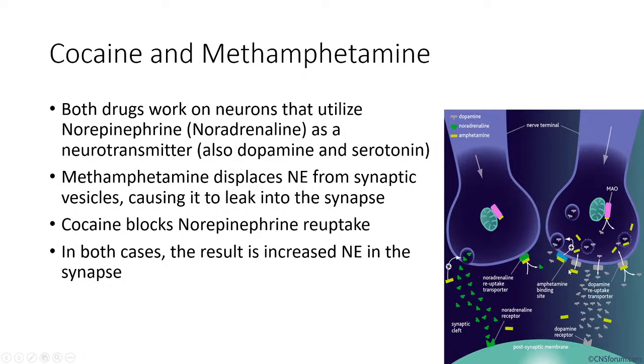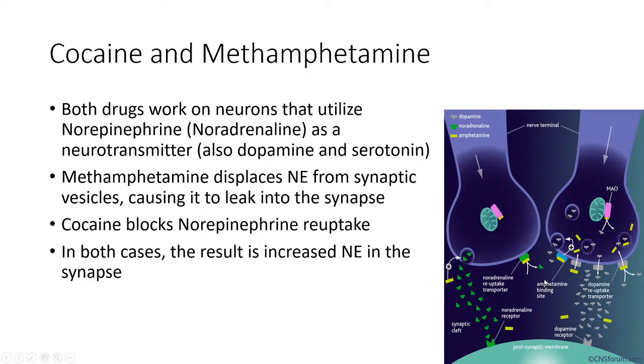Cocaine is going to block reuptake. Now, methamphetamine also blocks reuptake, right? So reuptake is where we take it out of the synapse, bring it back up into the presynaptic neuron. Cocaine blocks reuptake of serotonin, dopamine, and norepinephrine, so we keep stimulating these postsynaptic neurons for longer. That creates the sense of well-being associated with cocaine.